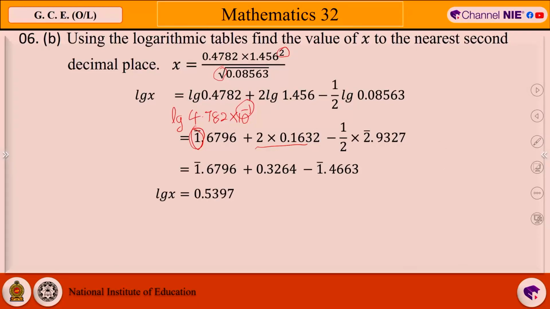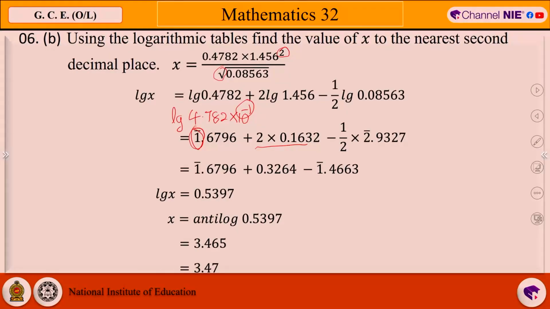Then you get 0.5397. You know how to add them and subtract. You have to find the antilog of 0.5397 in order to find the value of x. Then you will get the value of x as 3.465. So, you have to keep the answer to the second decimal place. So, it becomes 3.47.